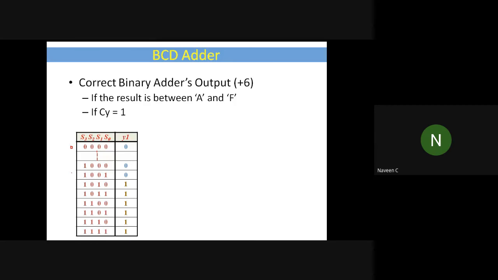I am taking that 0, output is 0, because I no need to convert that into BCD, since both the values are the same. So I will fix the output as 0 for me. I do not require any signal to convert it.